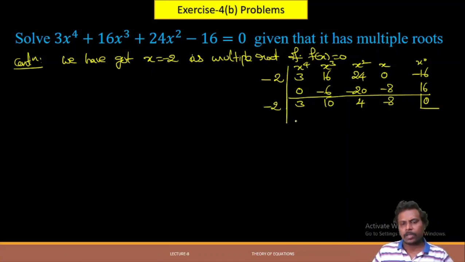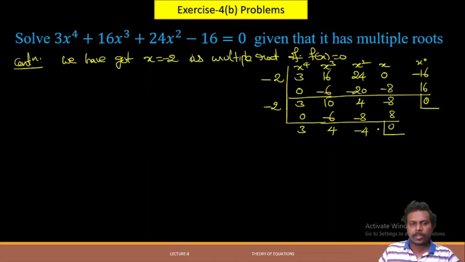Let us do the division again. 3 plus 0 is 3, this becomes -6, this becomes 4, this becomes -8, this is -4, -2 into -4 is 8, and upon adding you will be getting 0.